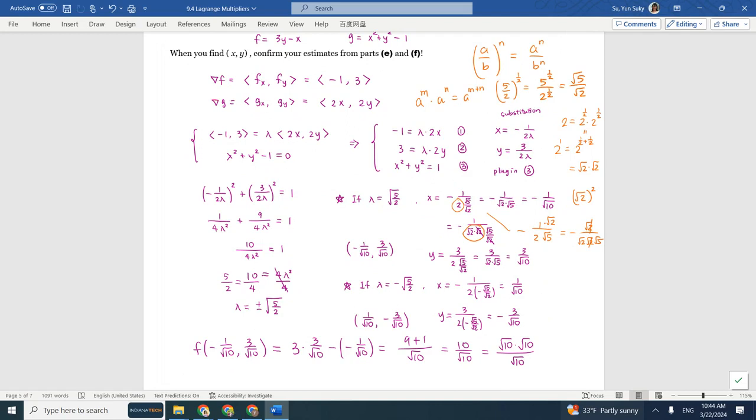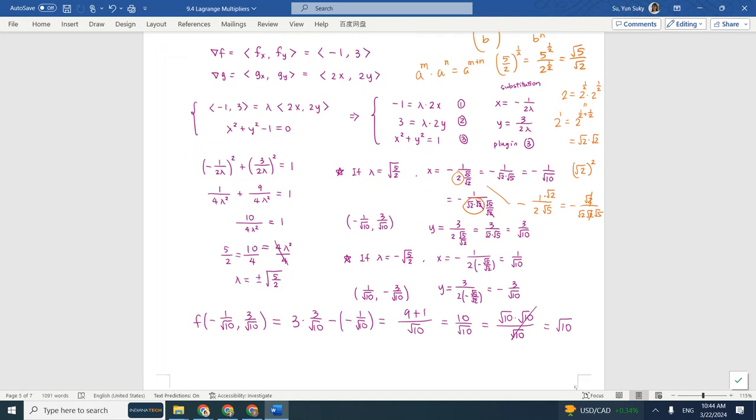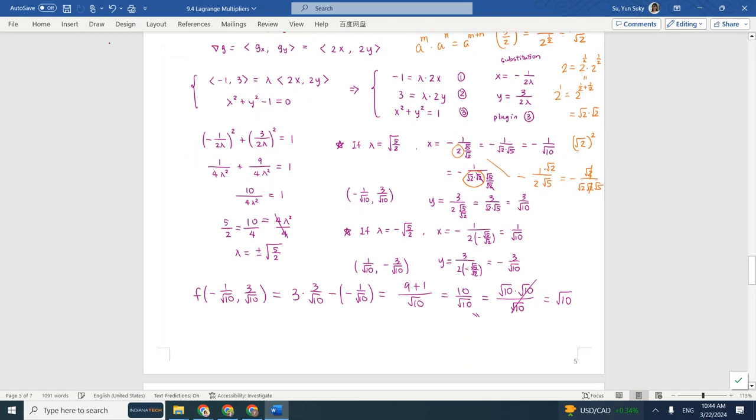We cancel, and we get the square root of 10. Or you can think of it this way: this is 10 over 10 to the 1/2. So it's 10 to the 1 minus 1/2, so it's 10 to the 1/2, and it's the square root of 10. You can also think of it this way: you bring it upstairs, it becomes negative. Then you add the exponents.